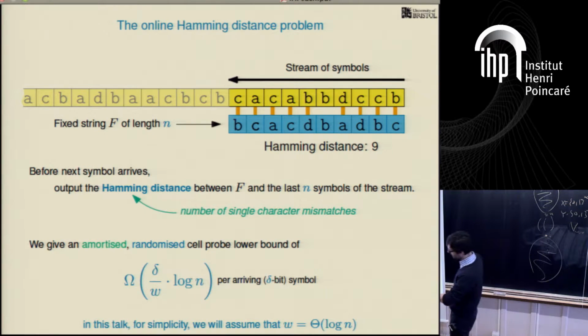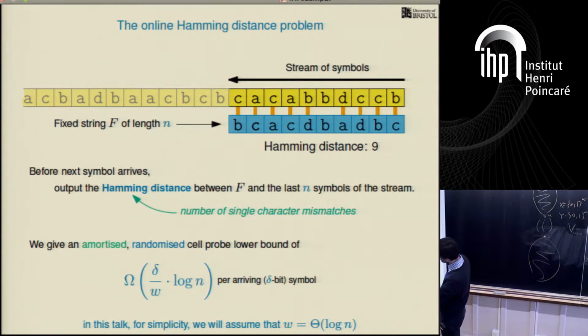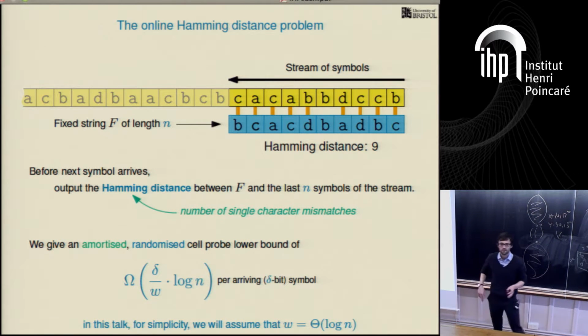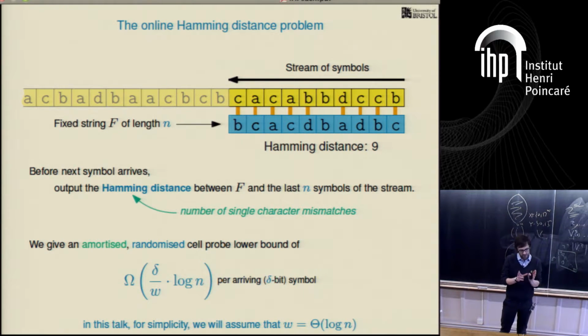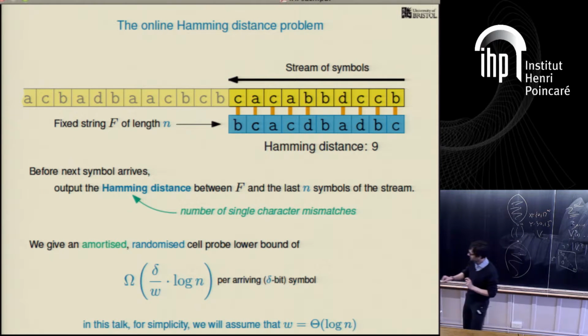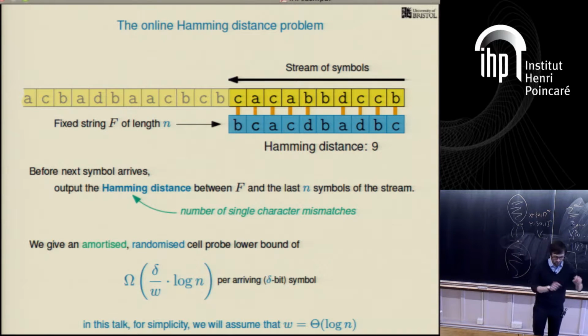If you think of the number of bits that arrive as filling a word in the computer, every time a full word of bits arrives, then this simplifies to log n cell probes. So you have to probe at least log n cells every single time a new symbol arrives, if you have any hope of answering this question.